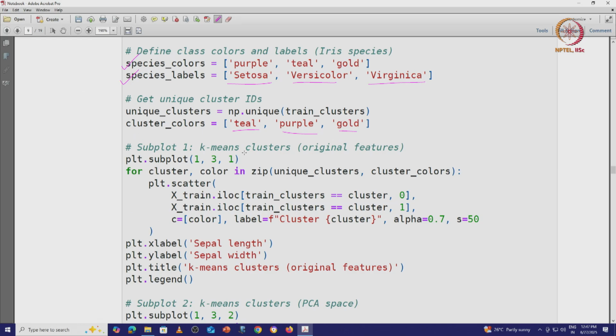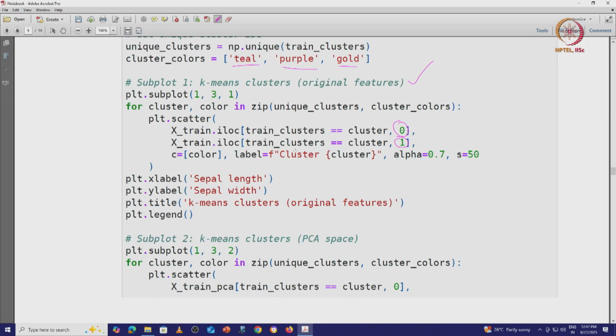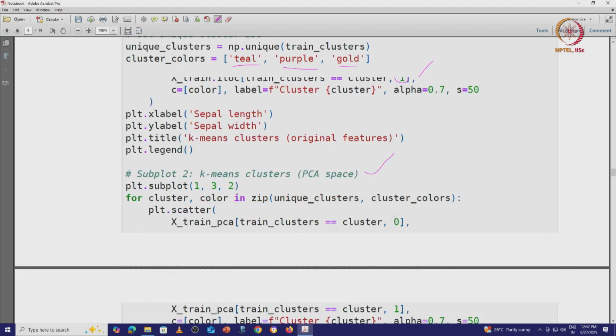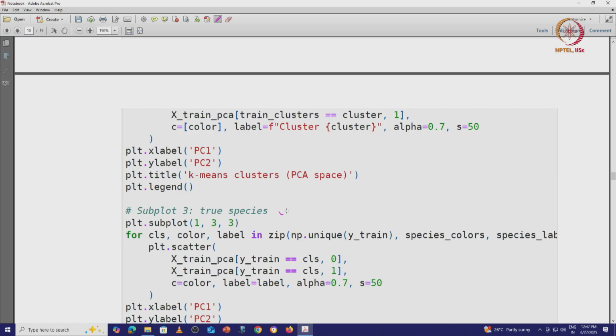Like I said, the first is the original features, and we are looking at the points belonging to cluster 0, cluster 1, and then plotting the data points, and similarly this is being done for the PCA space as well as the original true species space.